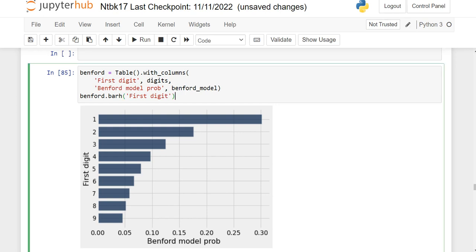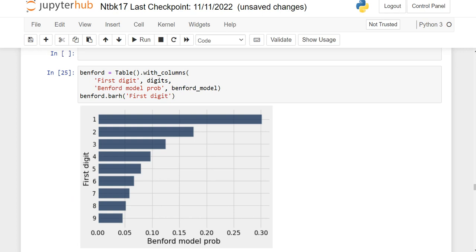And so what we're showing is the Benford law probabilities. Notice, just like we said, that it's much more likely that the leading digit in this data set of numbers will be small.